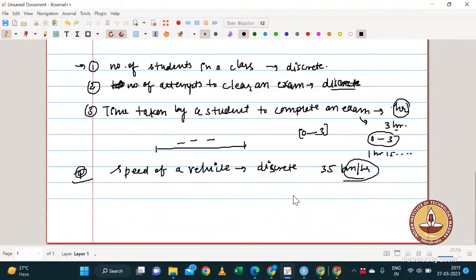And suppose I have limited the maximum speed for a car to, let's say, 60 kilometers per hour.